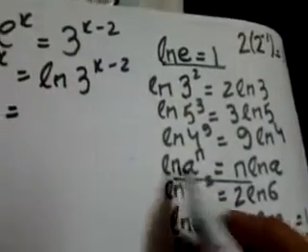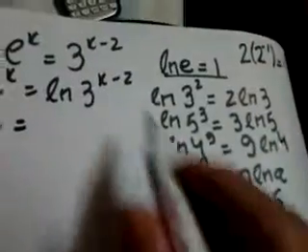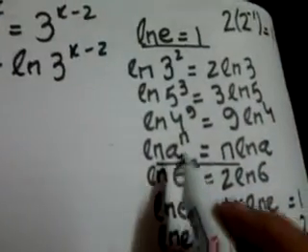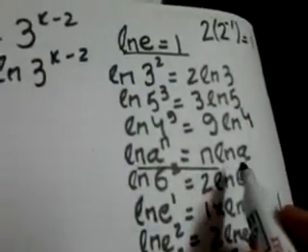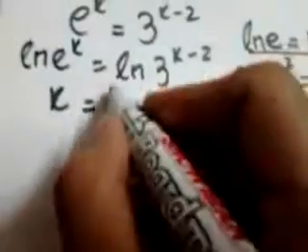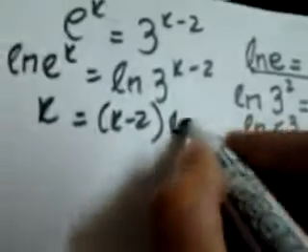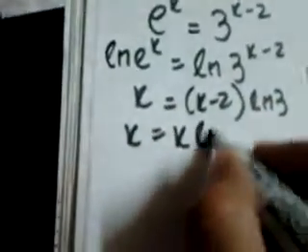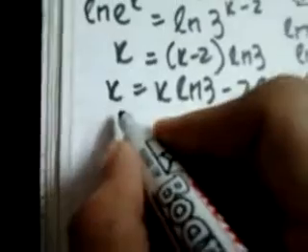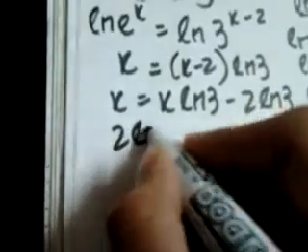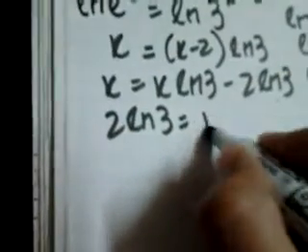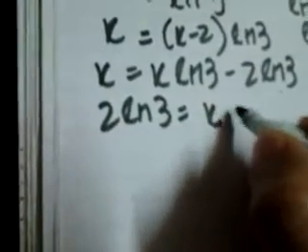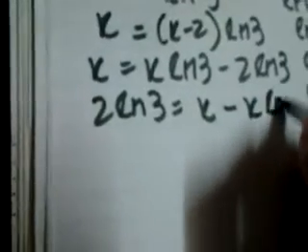Let's compare. ln a is ln 3, n is x minus 2, and ln a to the power n is n ln a. What is n? n is x minus 2. What's ln a? ln a is ln 3. Okay, so x equals x ln 3 minus 2 ln 3.